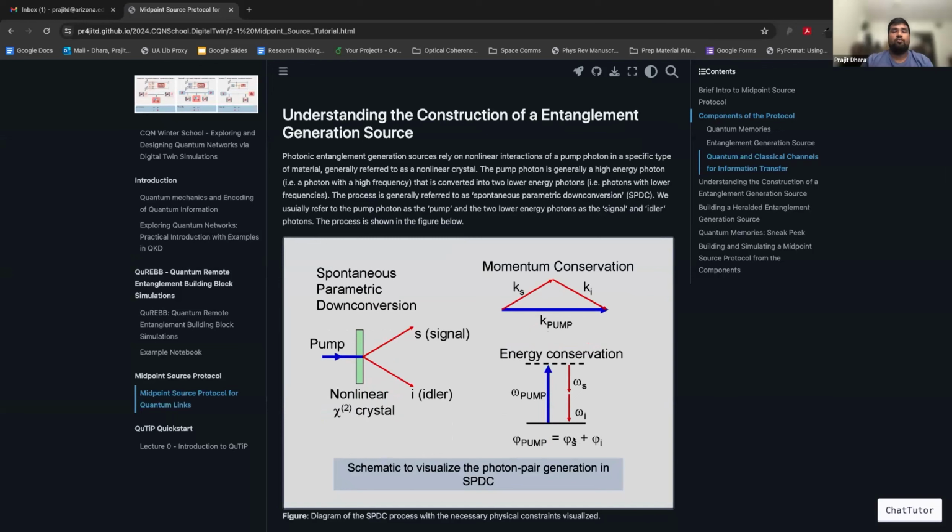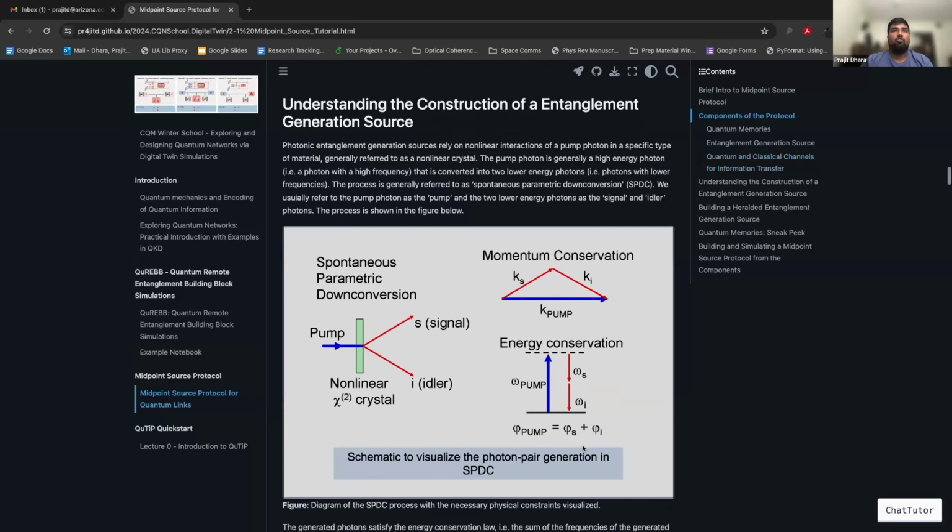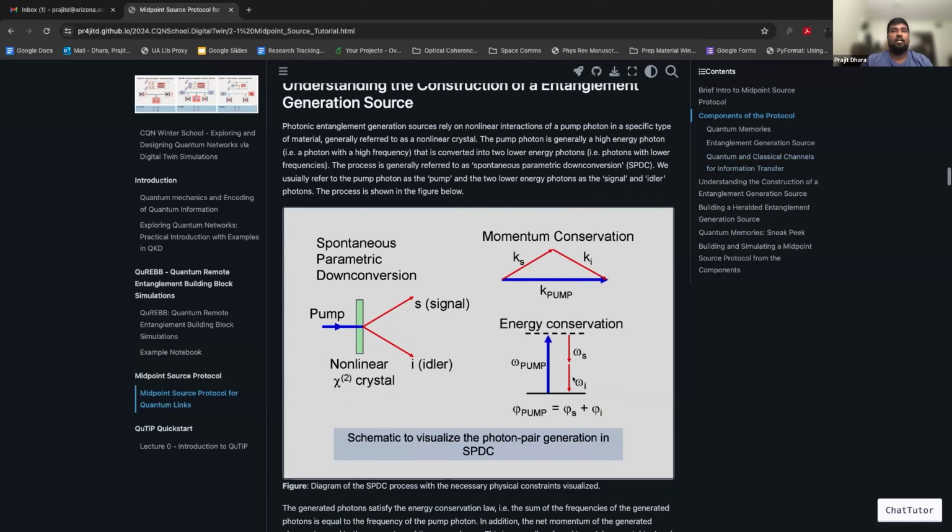The most important of which is energy conservation. Any pump photon that goes through must generate a signal and idler photon such that the total energy is the same. So ω_s plus ω_i must be equal to ω_pump, or rather, the energy of the pump photon must be the same as the energy of the signal and idler photons, and the constant that ties them together is the reduced Planck constant.